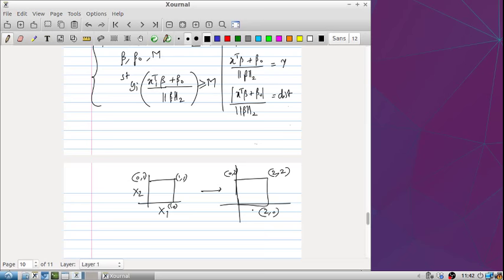I enlarge the space. The margin also will increase, right? Just think of distance. Everything got doubled, and you don't want this ambiguity that if I double my data, I get a different margin.